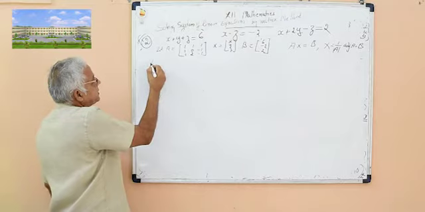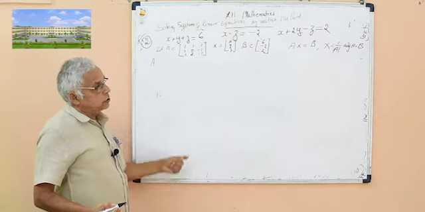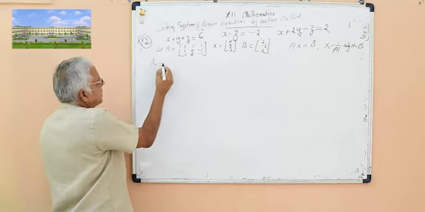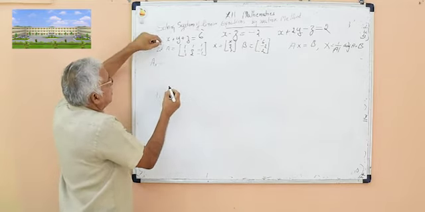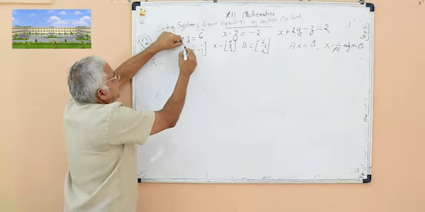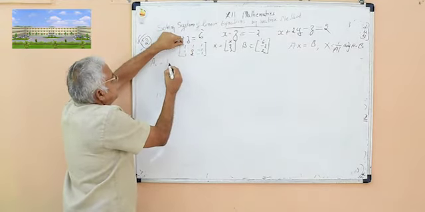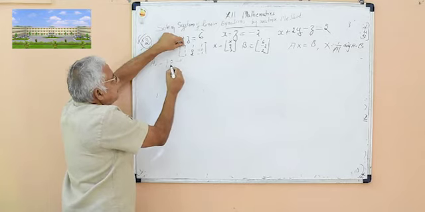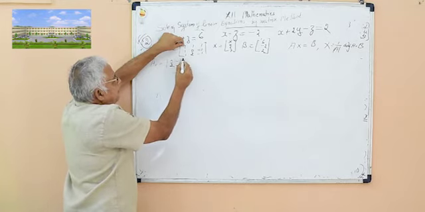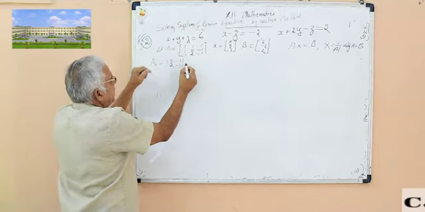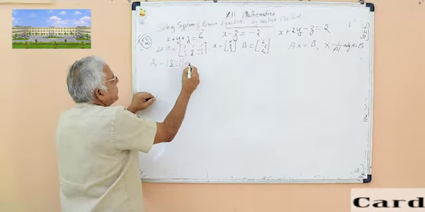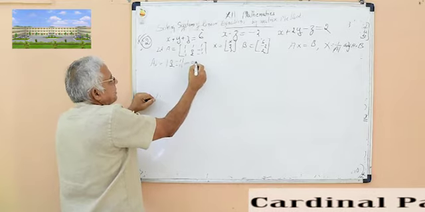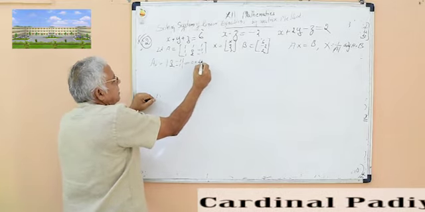Adjoint of a matrix is the transpose of the cofactor matrix. A11 sign is positive. M11: delete the row and column. Then we get the determinant, deleting first row and first column: 0, minus 1, 2, minus 1. Then the answer is 0 into minus 1, 0, minus of minus 2, plus 2, is equal to 2.